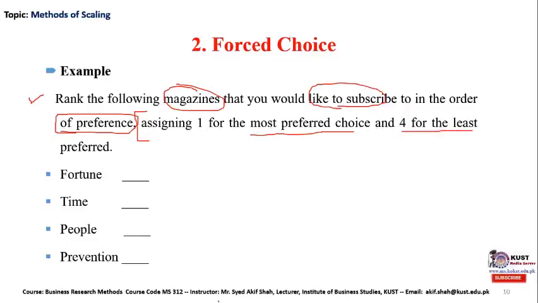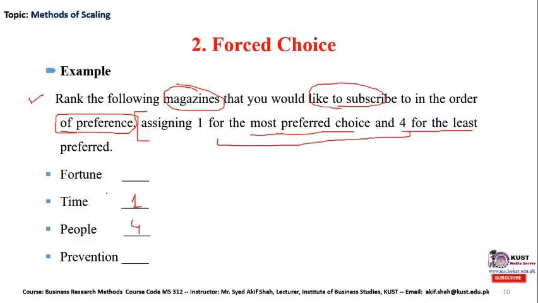So if somebody is interested in Time magazine, then he will put number 1 in front of Time. And if the person is least interested to subscribe to a magazine like People, he will put number 4 on People magazine. Similarly, we can also make our preferred choices between number 1 and 4.